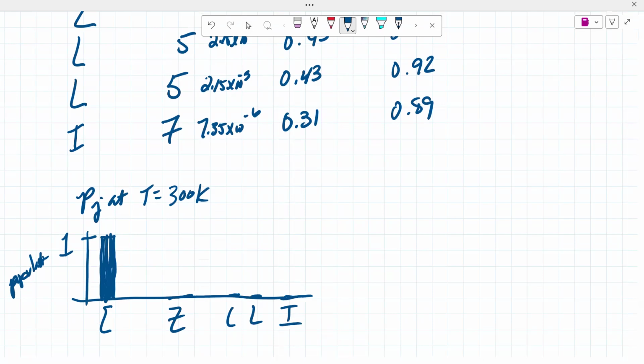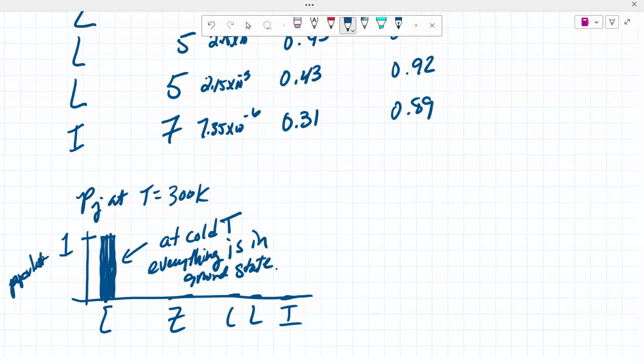So in other words, at cold temperatures, everything is in the ground state. Okay, and that's what your graph would look like, and that's what the numbers show.